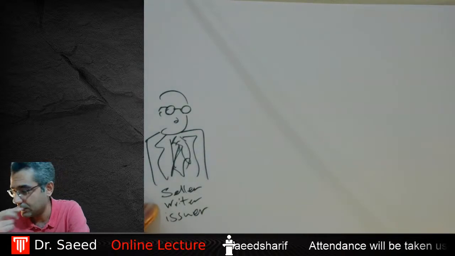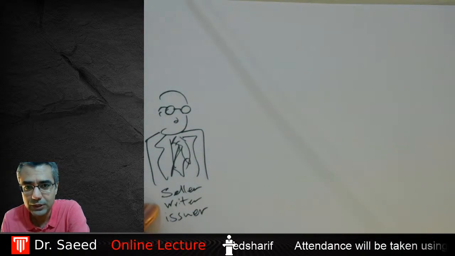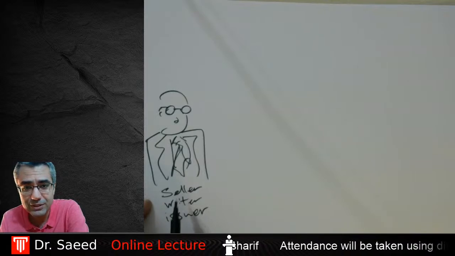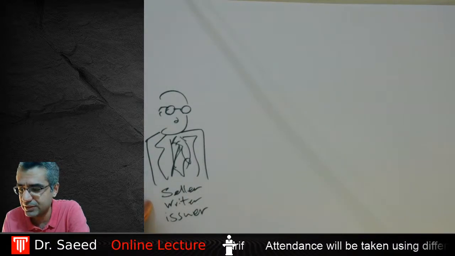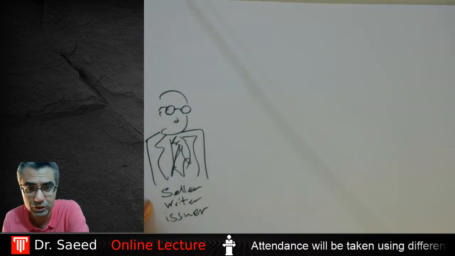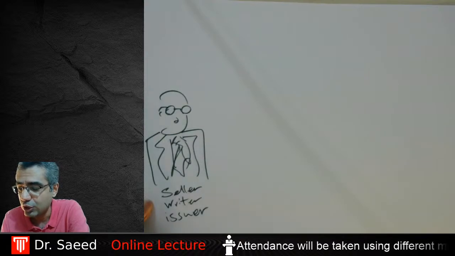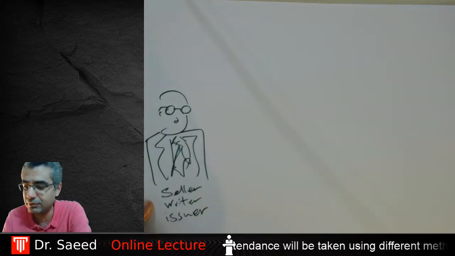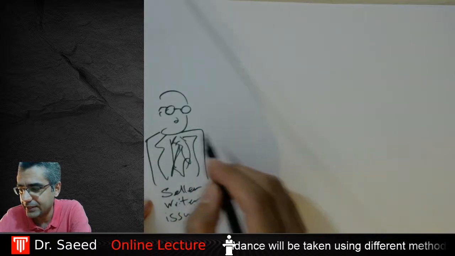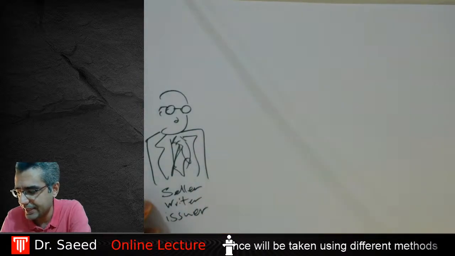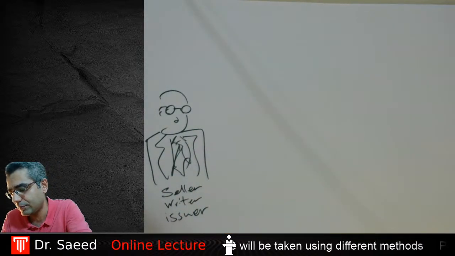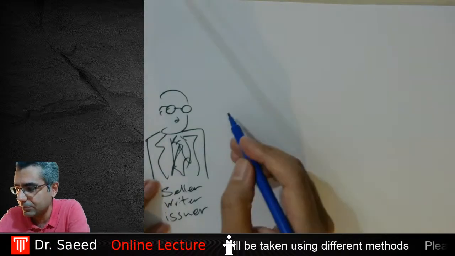Any name you prefer, you use. There is a person who prepares this contract, who sells this contract, who writes this contract, and we call it the seller, right? And the seller prepares the contract and then sells it in the market.